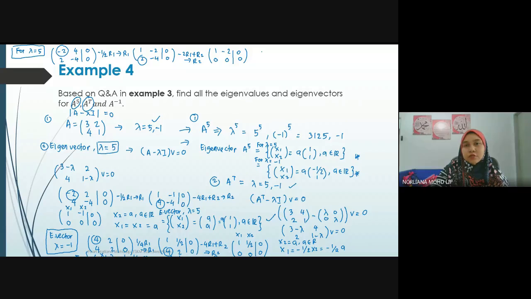So we have x2 is a free variable, x2 equal to a, any number, then x1 equal to 2x2, 2a. So we have the eigenvector x1, x2 equal to a times 2a and 1a.